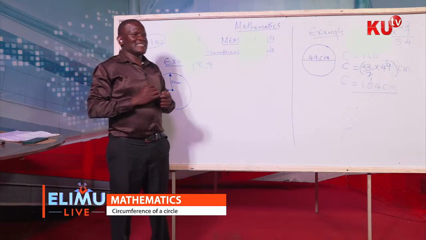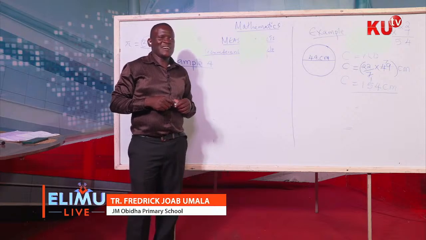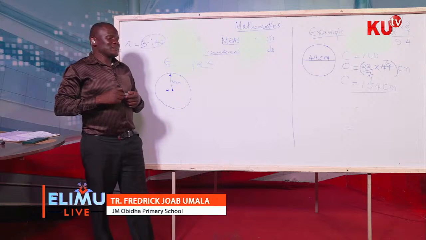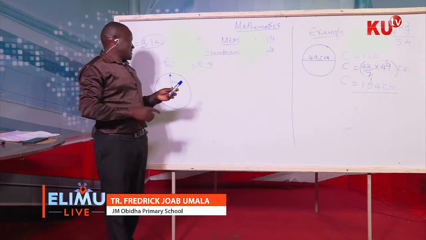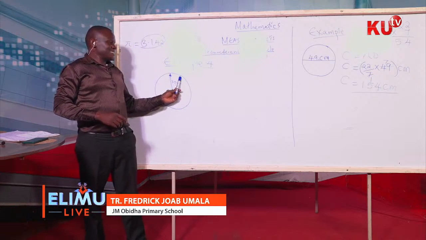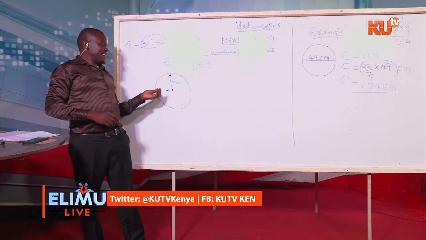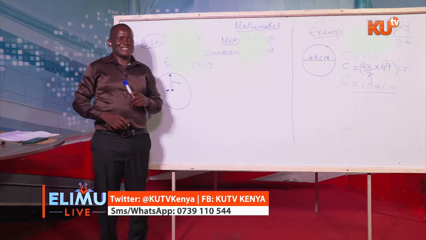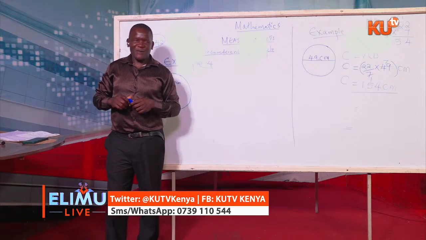You will all agree with me that whenever our minute hand ticks around up to where it started, it will have covered 60 minutes. And the 60 minutes is the same as 1 hour.